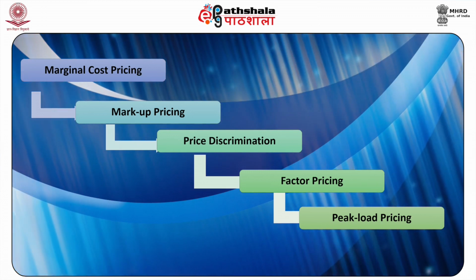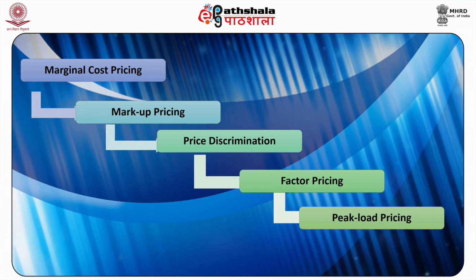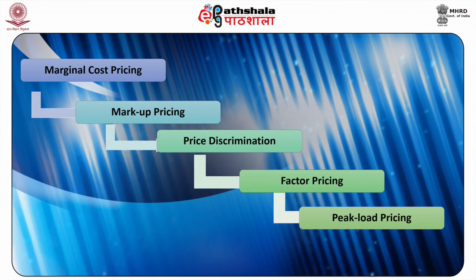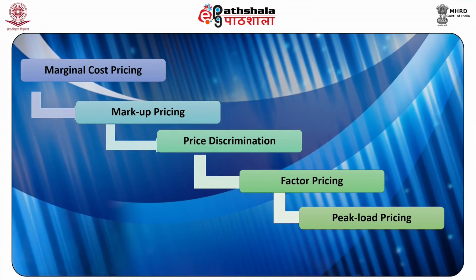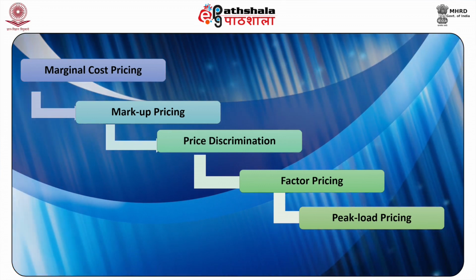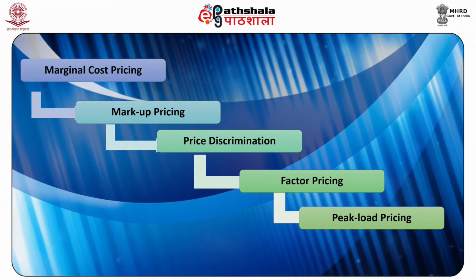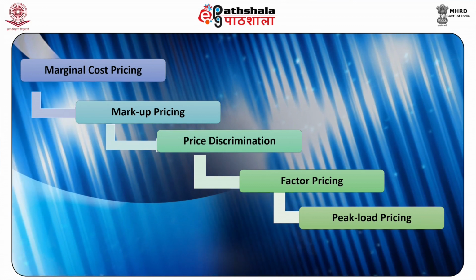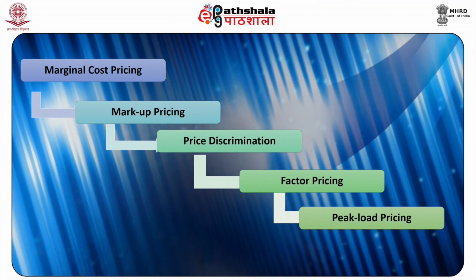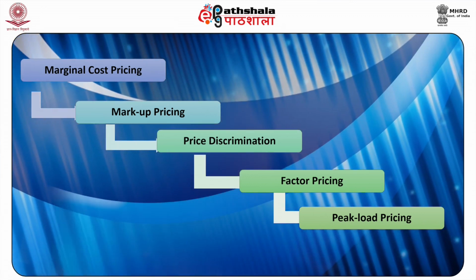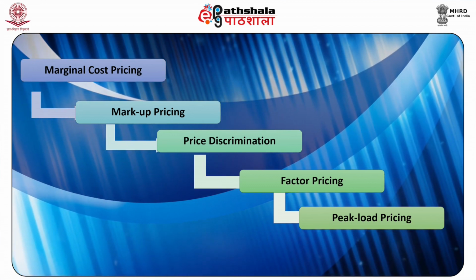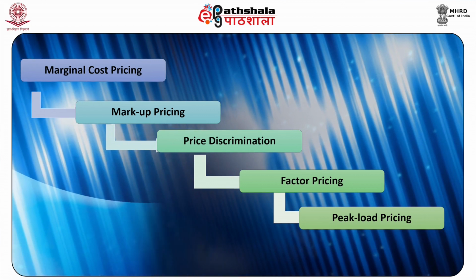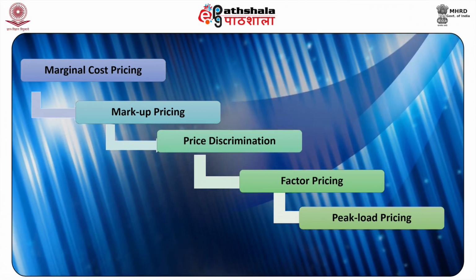Factor pricing theory is concerned with the evaluation of the services of the factors of production. It deals with the determination of the prices of four factors of production: land, labor, capital and entrepreneur. Peak load pricing. It is a method of pricing in which at the time of peak demand prices rise to balance demand and supply.